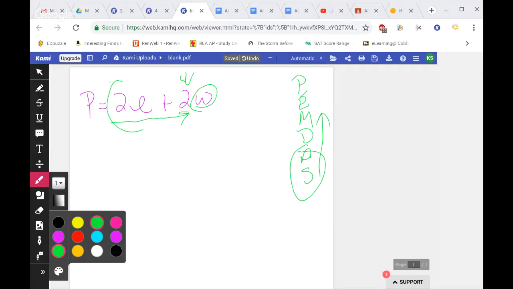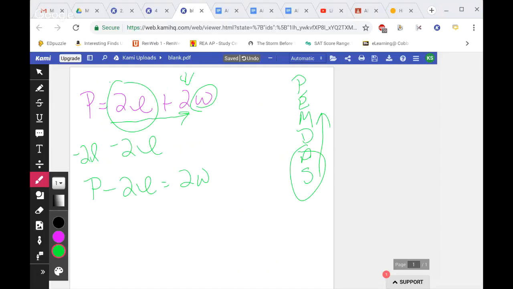And that would be this right here. So I'm going to subtract 2L from both sides. And that gives me P minus 2L equals 2W. And now W is being multiplied by 2.